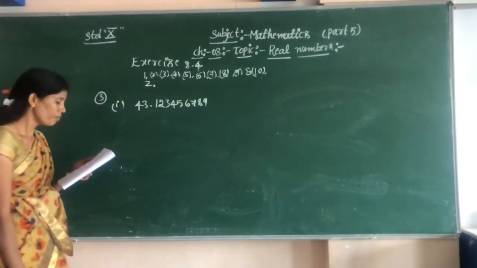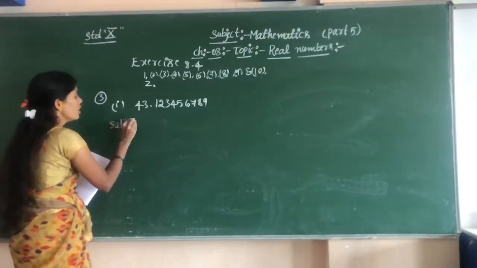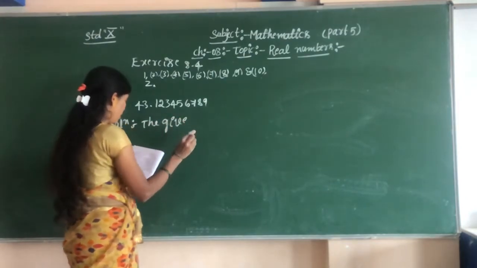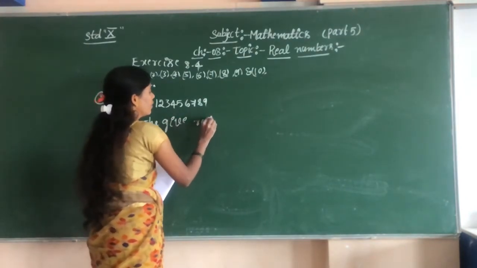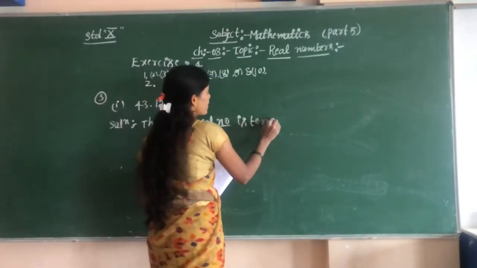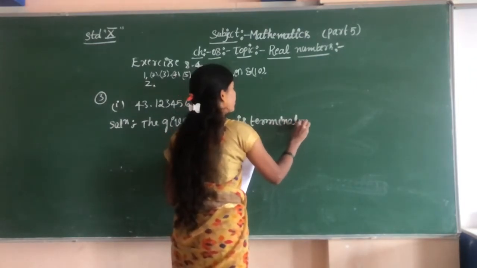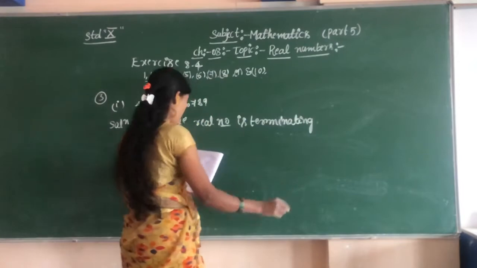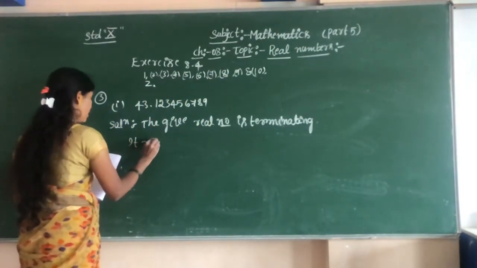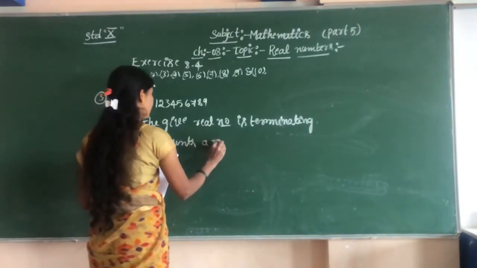Okay, so the solution: the given real number is terminating. It represents a rational number.